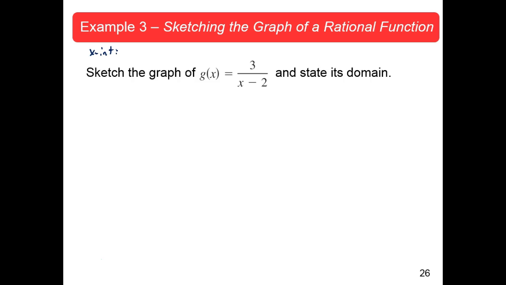Y is equal to 0. How do we determine what y is? Y in this case is not an f of x, but a g of x. When is that 0? When the numerator is 0, isn't it? And is 3 ever 0? No x-intercepts.